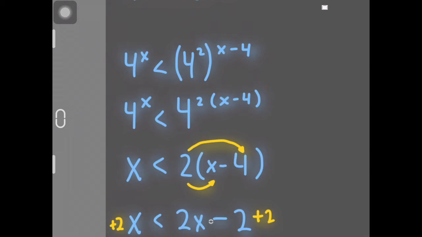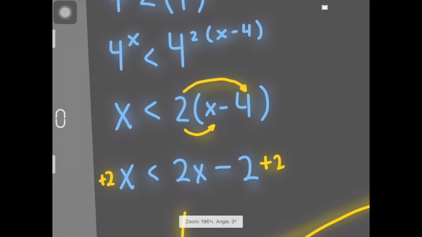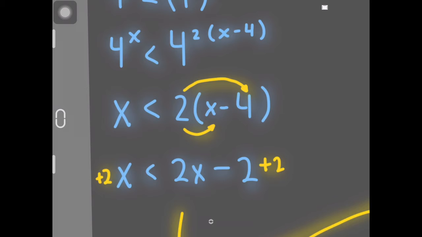So we have x is greater than 2(x minus 4). And then we will simplify this. We will distribute 2 to x and negative 4, and then we will have x is greater than 2x minus 8.